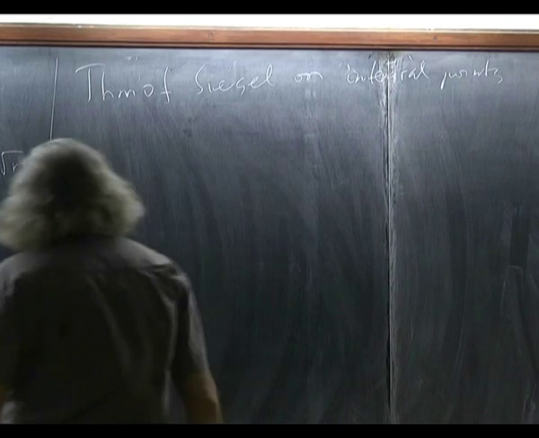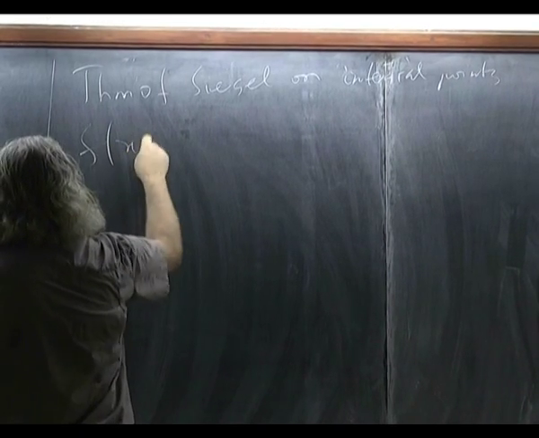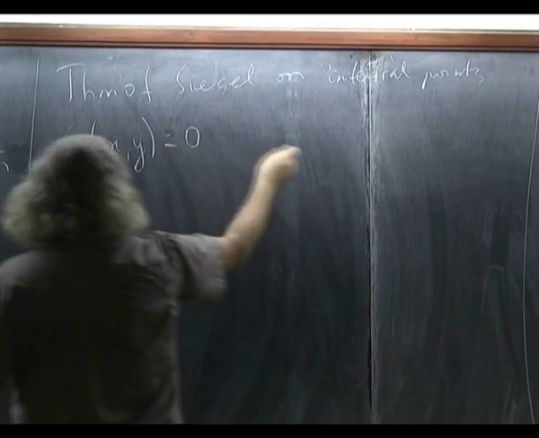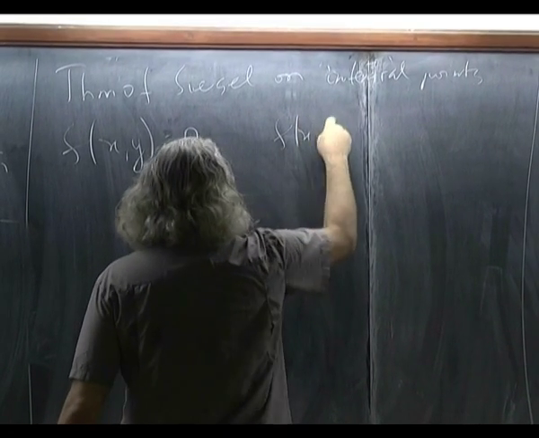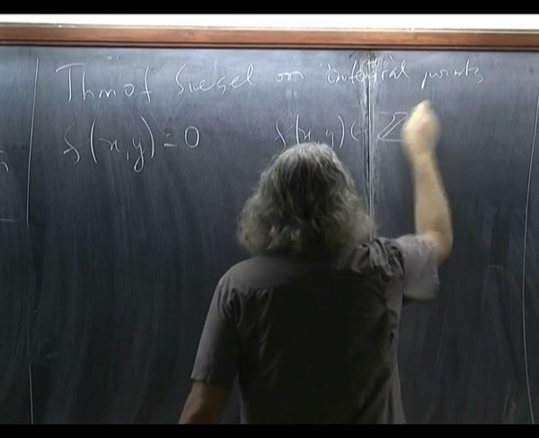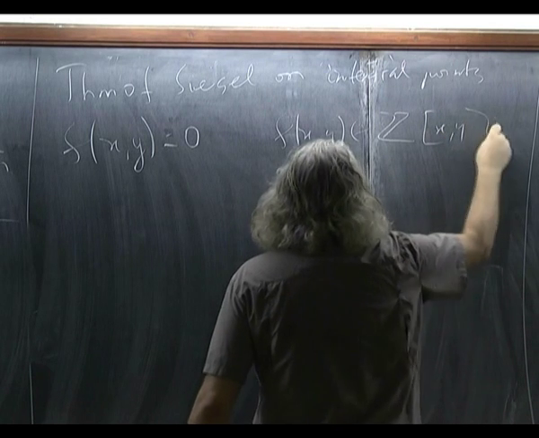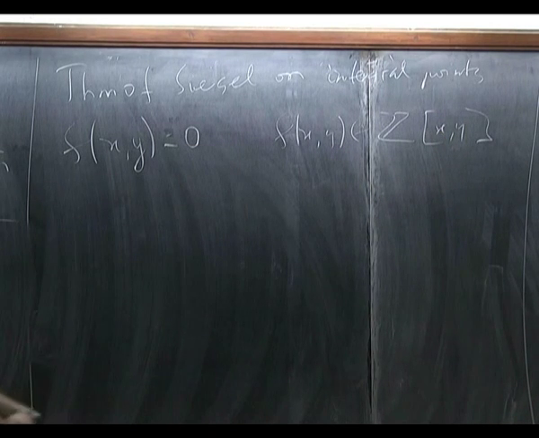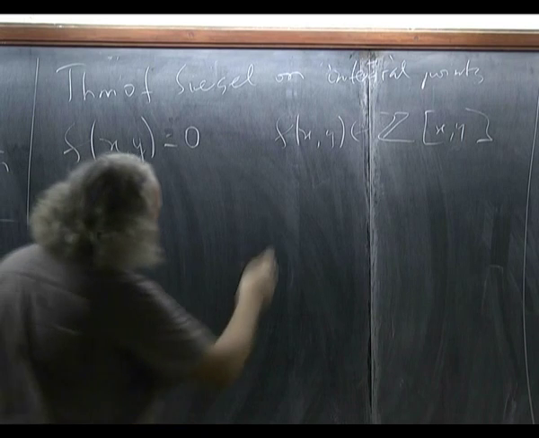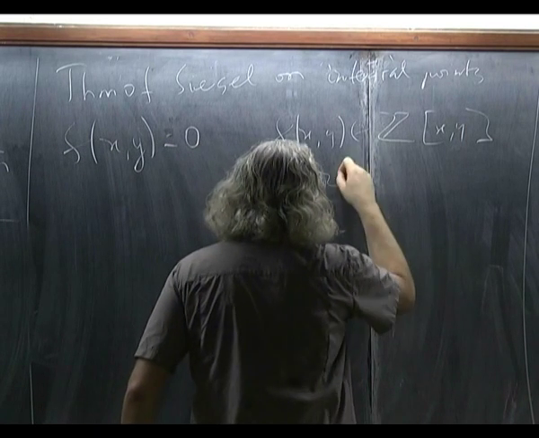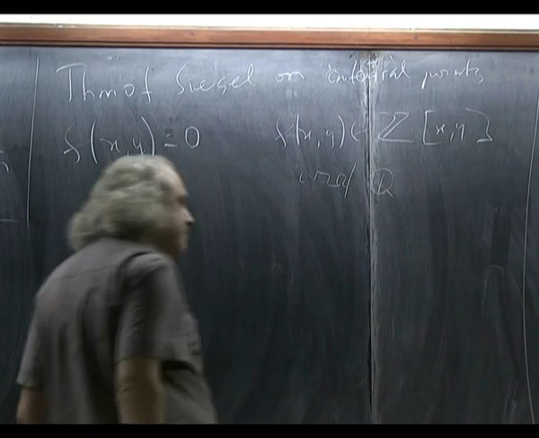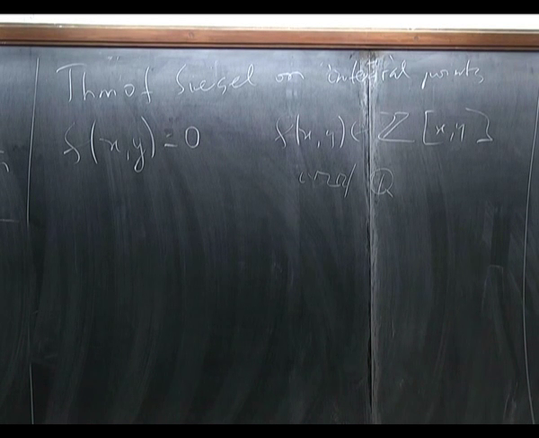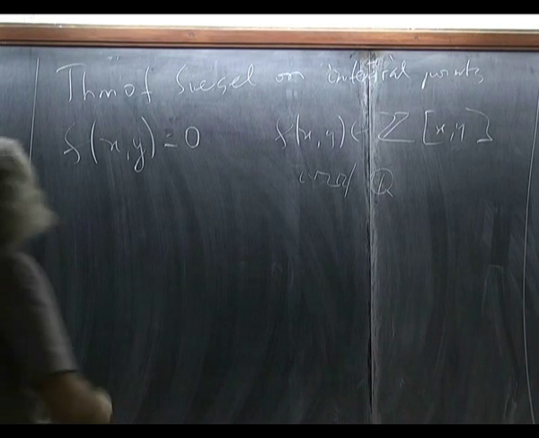So what did he prove? He considered an equation f of x, y equals 0, where f of x, y in Z[x, y] is just an arbitrary polynomial irreducible over Q. Then it defines an algebraic curve.